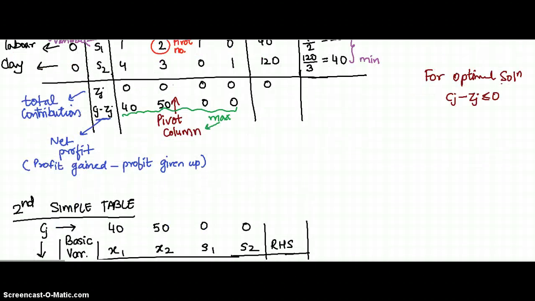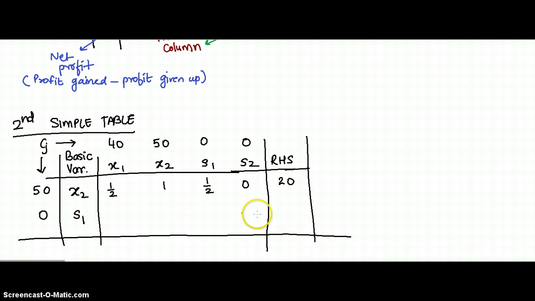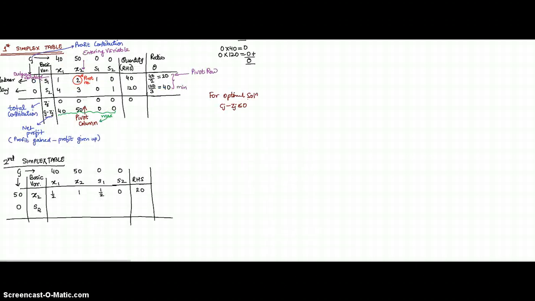We need to obtain this second row. Here it is S2, not S1, because S2 is already there now. Okay. To compute this new table value, we have to use the following rule.